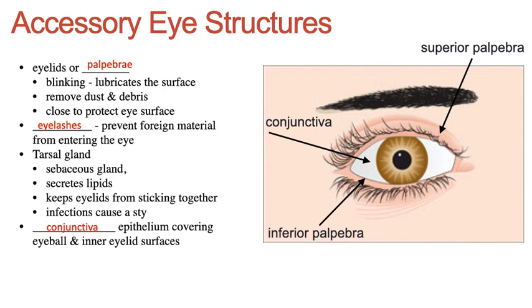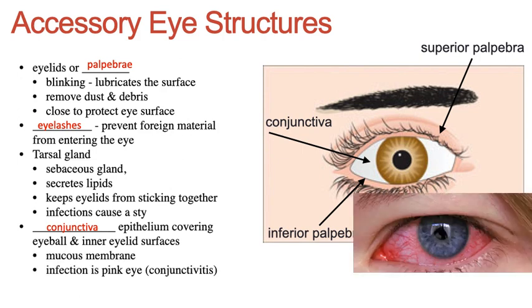It's basically a mucous membrane. There are mucous cells that assist the accessory glands in lubricating the surface of the conjunctiva and preventing drying out as well as friction. You can get infection in the conjunctiva called conjunctivitis, also referred to as pink eye. It gets this pink color due to the fact that the blood vessels have dilated, making them much more visible than usual.